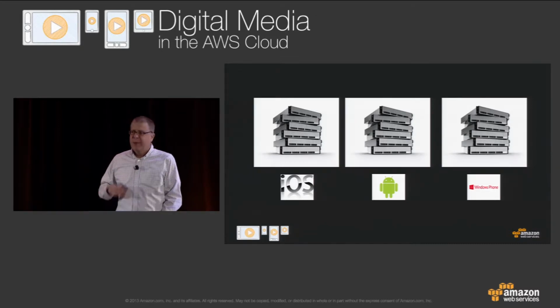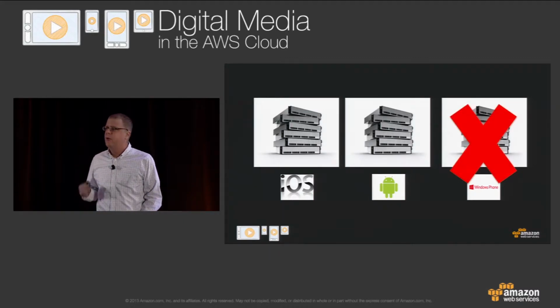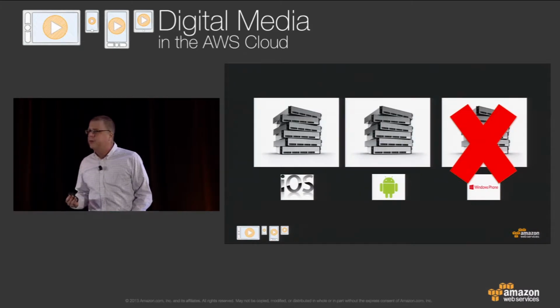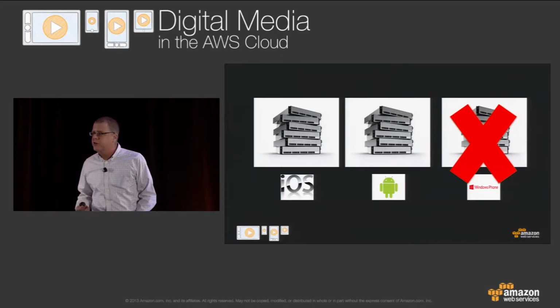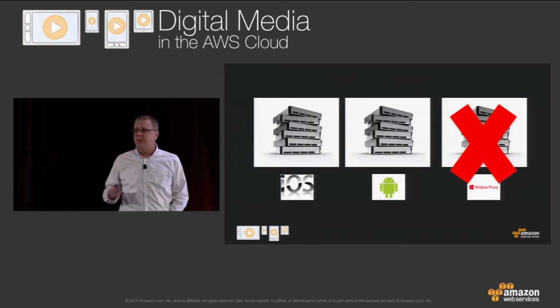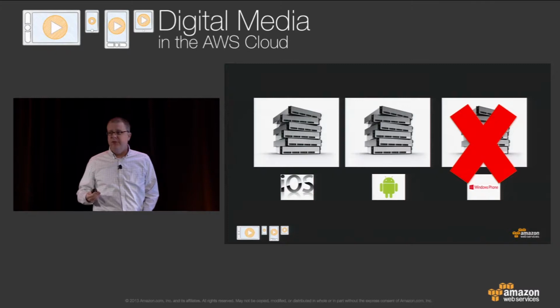And except when they didn't want to incur the cost, they would make a tough decision. They would say, let me give up on the Windows Phone. It's a small percentage of my market. I'm going to focus on Android and iOS. And OK, that's a reasonable decision because it saves you money, it saves you operational complexity, but it means that there's some number of your customers who are unable to access your video.